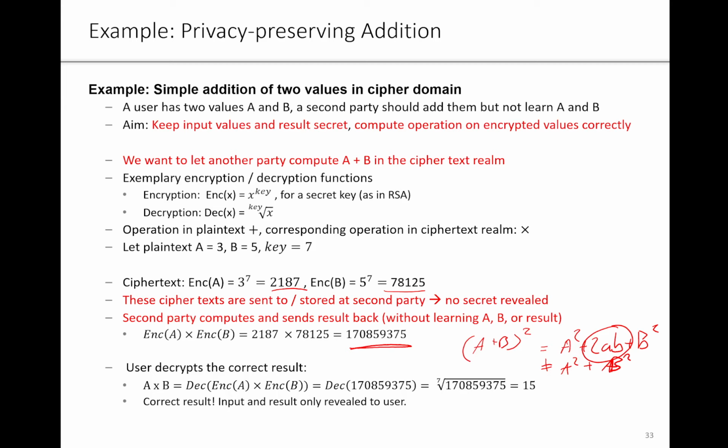What did we learn? Especially, what would you learn if you have some kind of ciphertext times a ciphertext equals the first ciphertext? What would you learn from this?